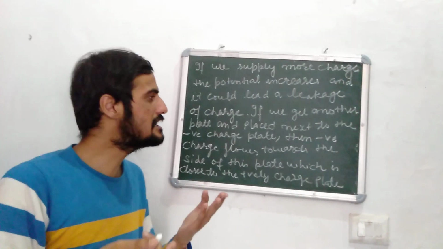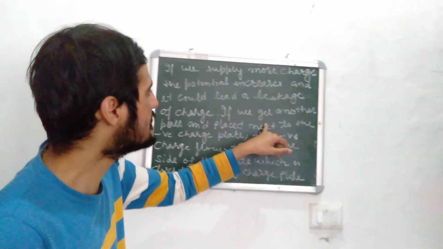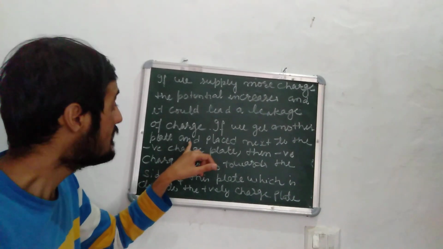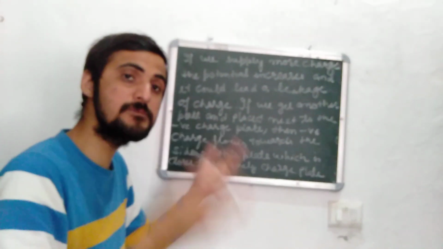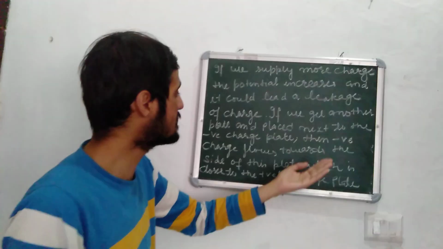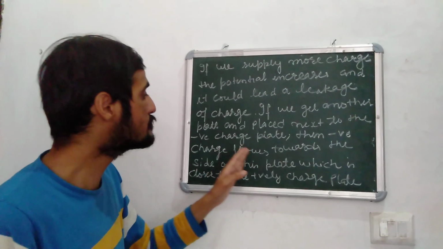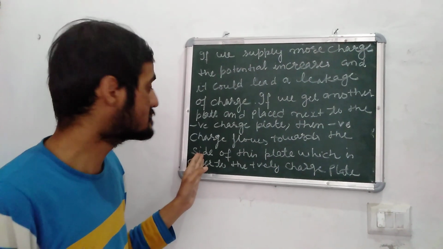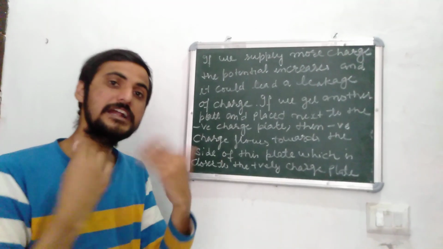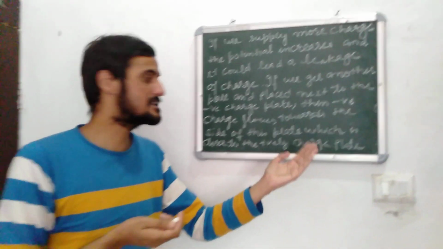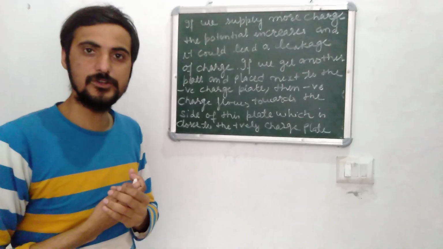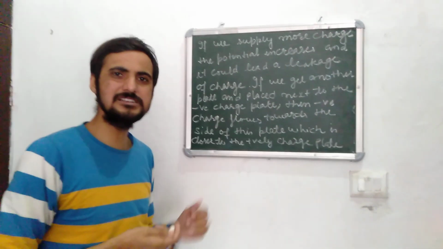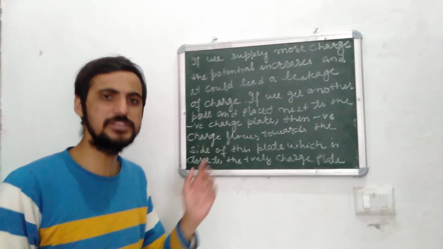If we place another plate next to the positively charged plate, then the negative charge flows toward the side of this plate, which is closer to the positively charged plate. This is the principle of the parallel plate capacitor, which we can explain with the help of a diagram.